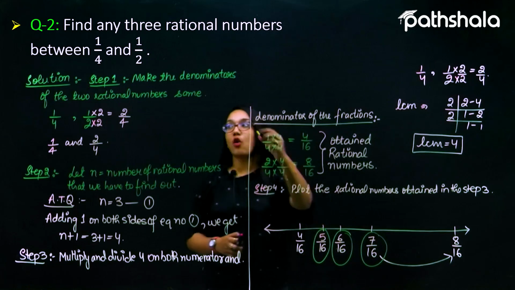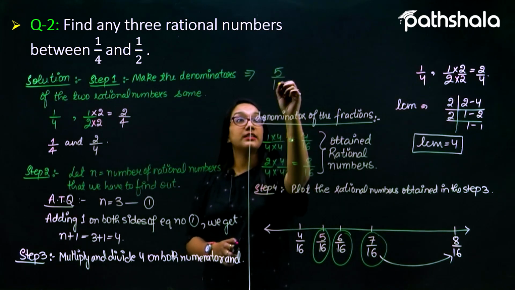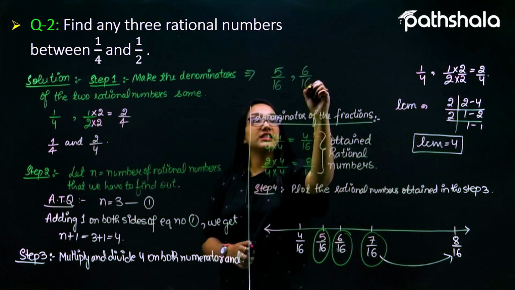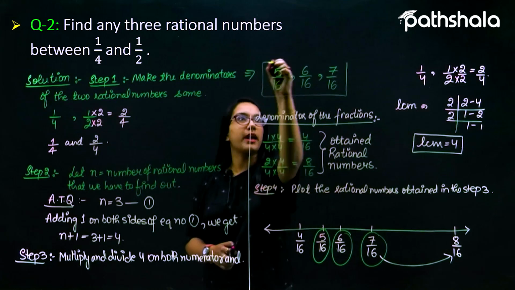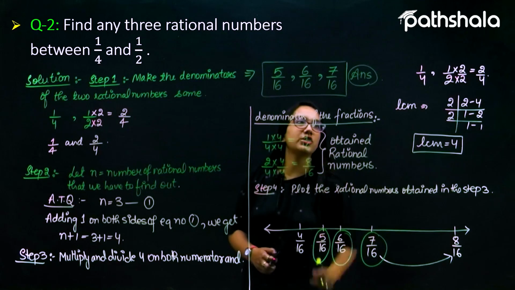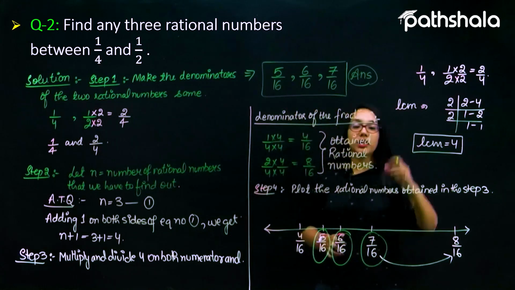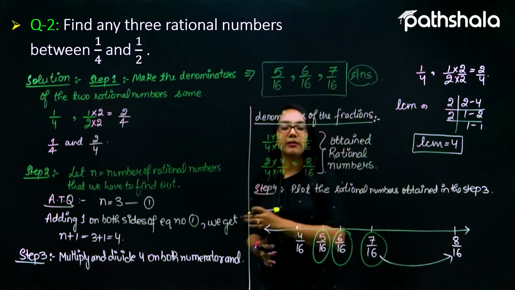So this is my answer. These are the 3 desired rational numbers in between the 2 rational numbers 1 by 4 and 1 by 2.